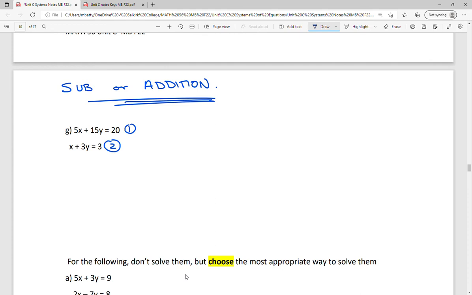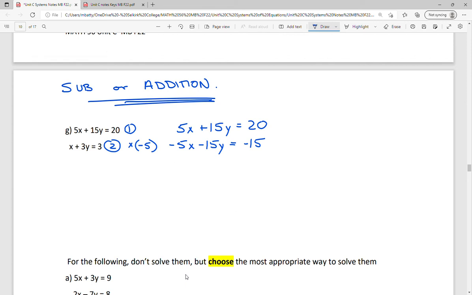So I'm going to take that second equation and multiply it, not just by 5, but by a negative 5. So multiplying that through gives me a negative 5x, a negative 15y, and a negative 15. The top equation, my x terms are going to eliminate each other. That was my thought anyway.